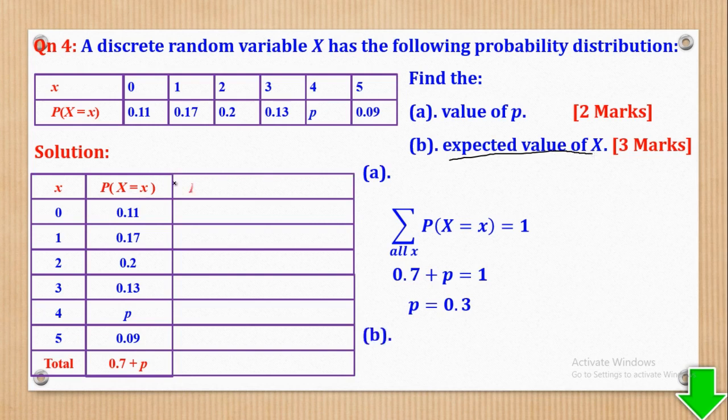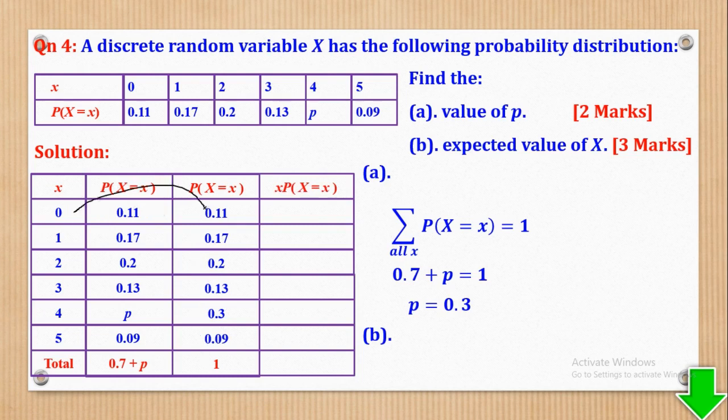So there we have to first list down again these probabilities with this unknown substituted. So where there is p, we shall put there 0.3, which we have got here. And when you add all of them, you realize that they add up to 1. The next is to get the column for x p(x). So I have to multiply this with this.